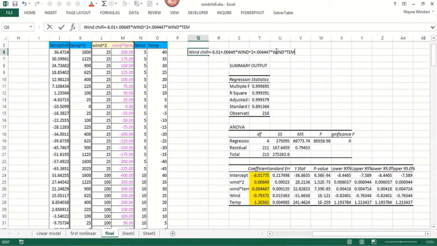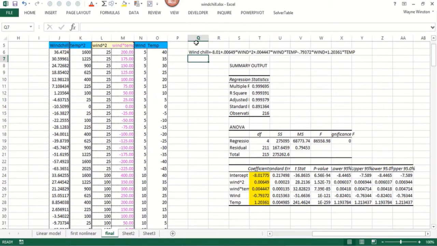So in other words, the effect of the wind will depend on the temperature and vice versa because of that term. Minus 0.79372 times wind plus 1.20361 times temperature.